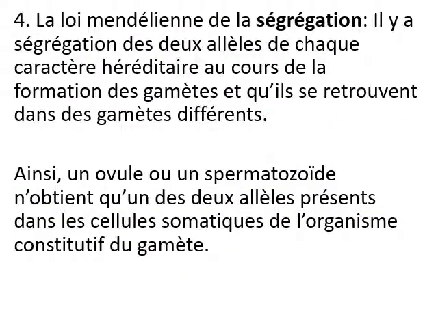Mendel's fourth hypothesis, which we will call the law of Mendelian segregation, states that a pair of alleles separates from each other when gametes are made so that an egg or sperm has only one allele. Thus, an egg or a sperm gets only one of the two alleles that are present in the somatic cells of the organism making the gamete.